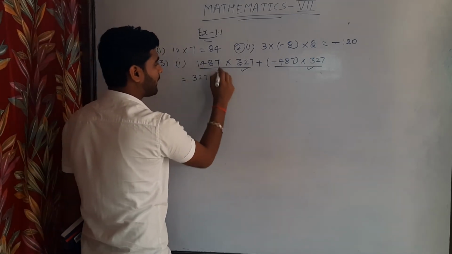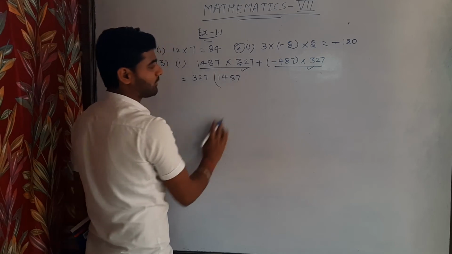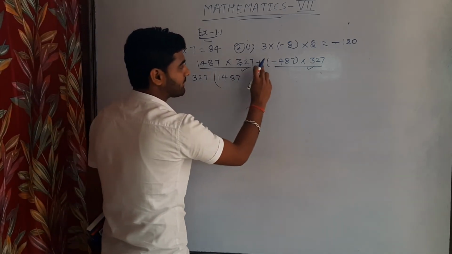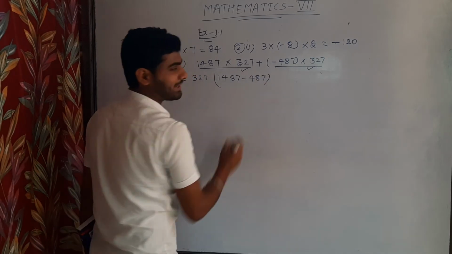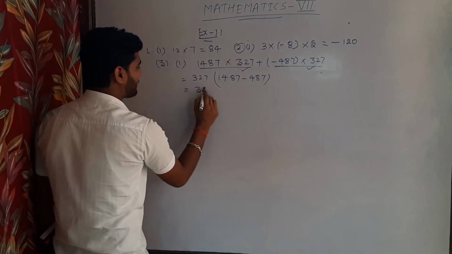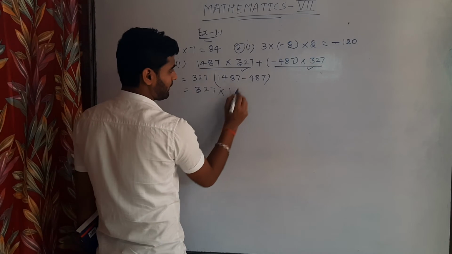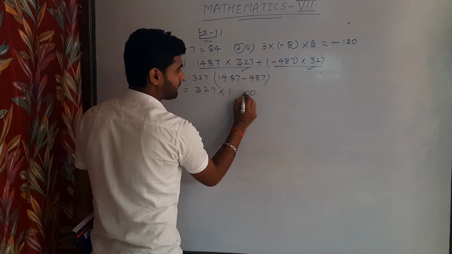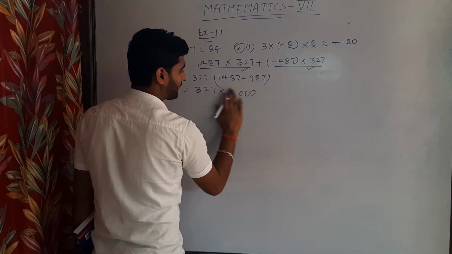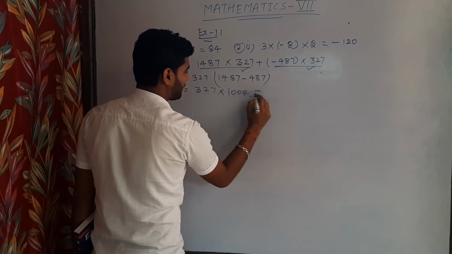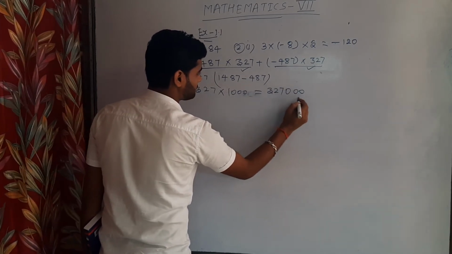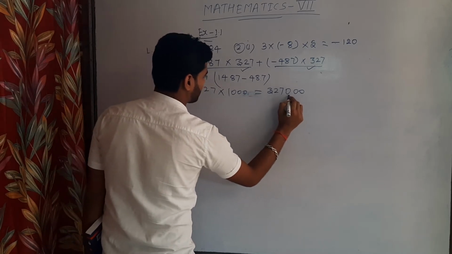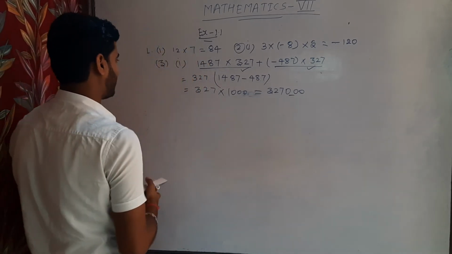Then we have 1487 from the first term and minus 487 from the second term. Now we have 327 multiply. We have to minus, 1000. So the answer is 327,000.